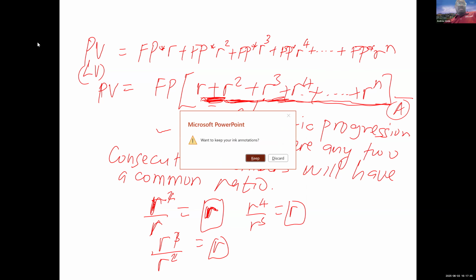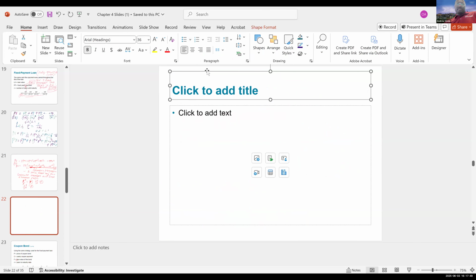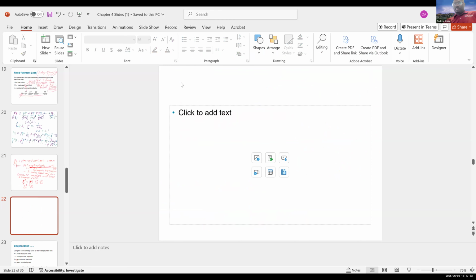Let me create a new slide here. I'm going to go through that handout, but because the handout is a PDF, I cannot write on it with this digital pen. It's extremely difficult.